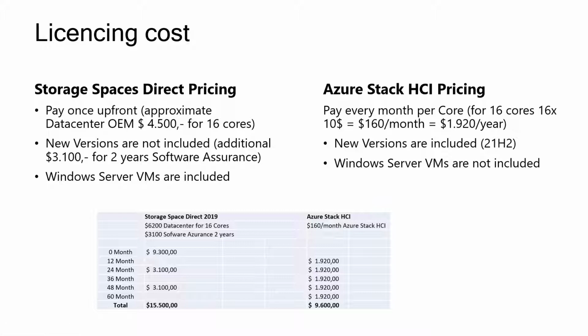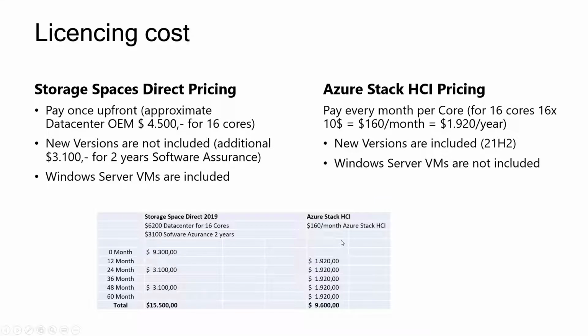And if you don't want to always have the newest software, you only have to pay 6,200, and then you are of course stuck with Windows Server 2019. But that's also okay, and many customers do that. So we have a price of 15,500 after 5 years with Software Assurance and 6,200 without.